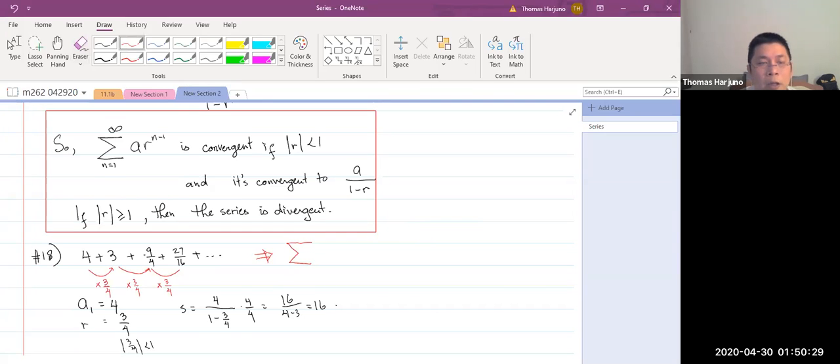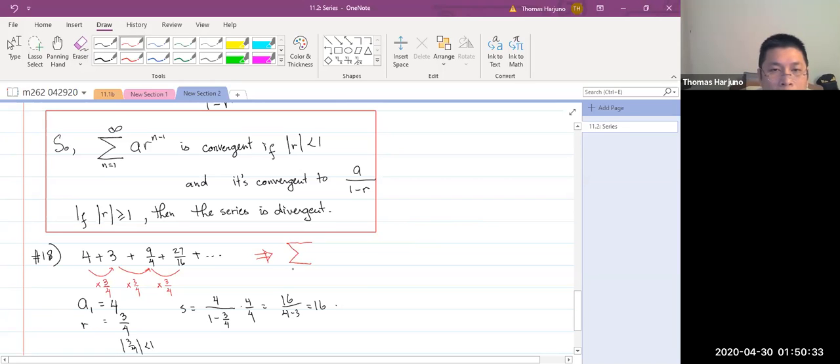And then if I have number 18 as an example, what will the summation notation look like? Well, it will be from n equals 1 to infinity. The first term is 4. The ratio is 3/4 to the power of n minus 1. This is my first term.